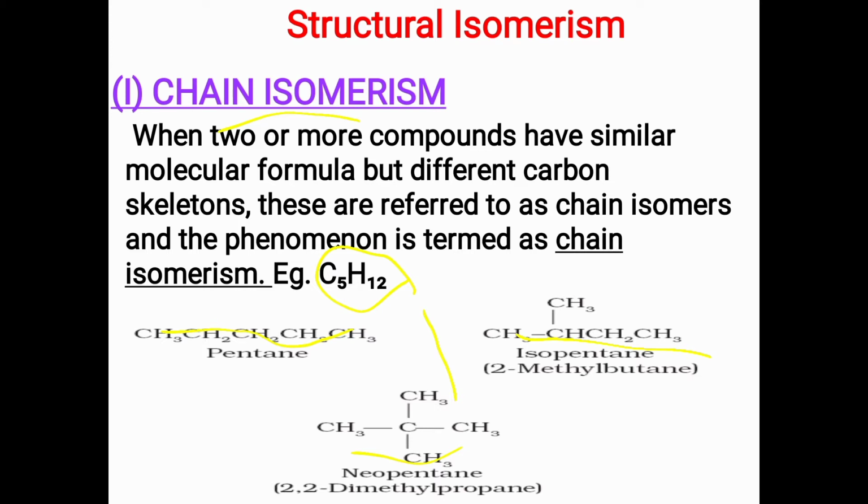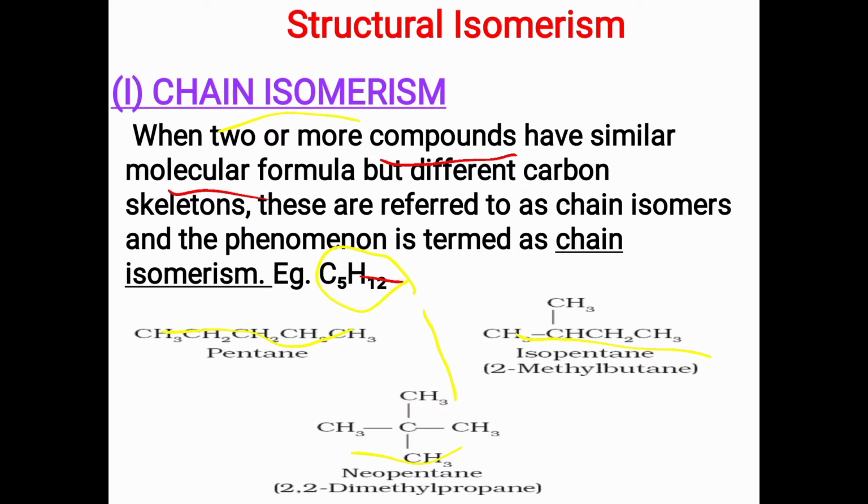First, chain isomer. It is defined as when two or more compounds have similar molecular formula but different carbon skeleton. The formula is the same, the carbon to carbon skeletons are different, and as a result it causes chain isomer. Example, pentane has three isomers.